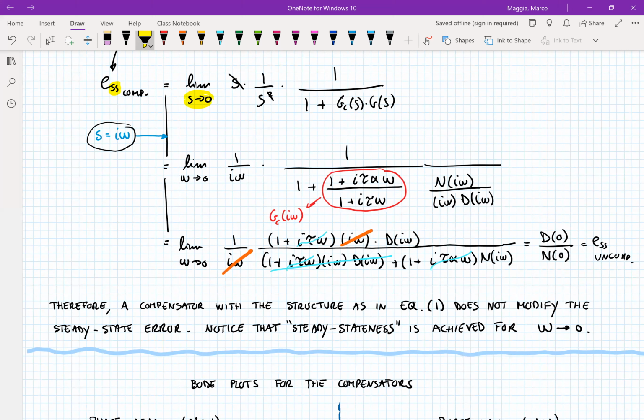So when we are instead in the omega domain, that is equivalent of having the frequency that goes to 0. So whenever we draw the Bode plot, things that happen to the very far left are equivalent to something that happens at the steady state response or error, whatever, the steady stateness of the system.